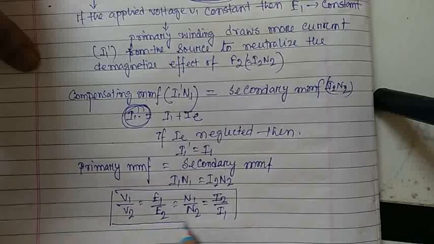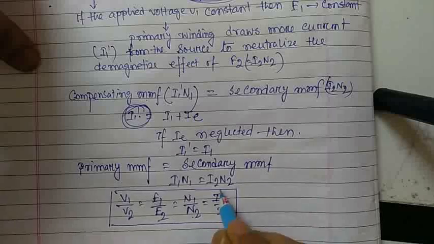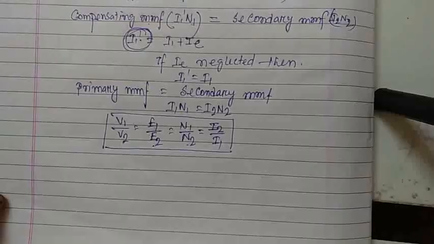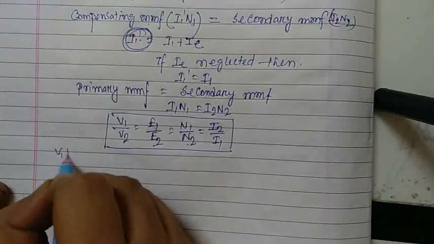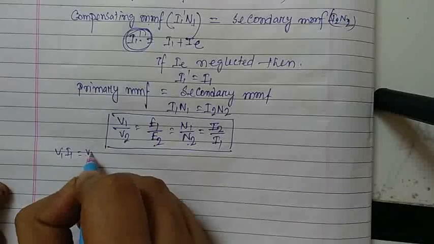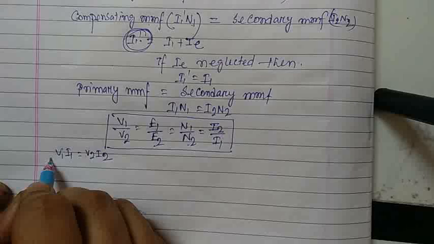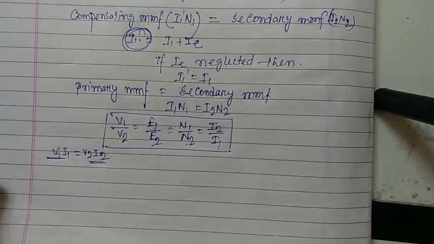Remember that equation, V1 by V2 equals E1 by E2 equals N1 by N2 equals I2 by I1. From this equation we can write that V1 I1 equals V2 into I2, that is, the primary volt-ampere is equal to the secondary volt-ampere.